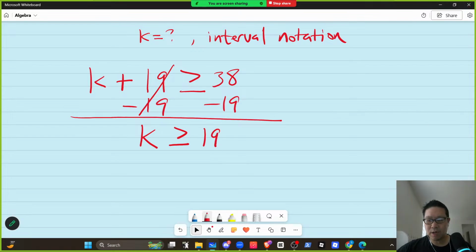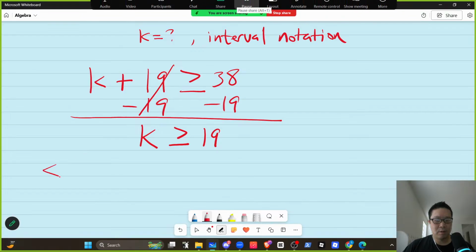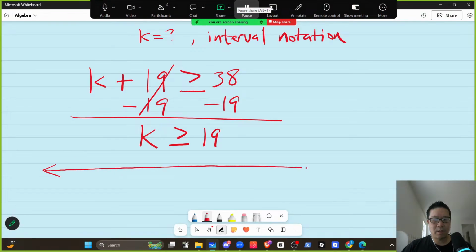So I think you got that part right. I always recommend graphing it first because it's easier to see what's happening. You can just get the interval notation from reading off this inequality. It says K is greater than or equal to 19.